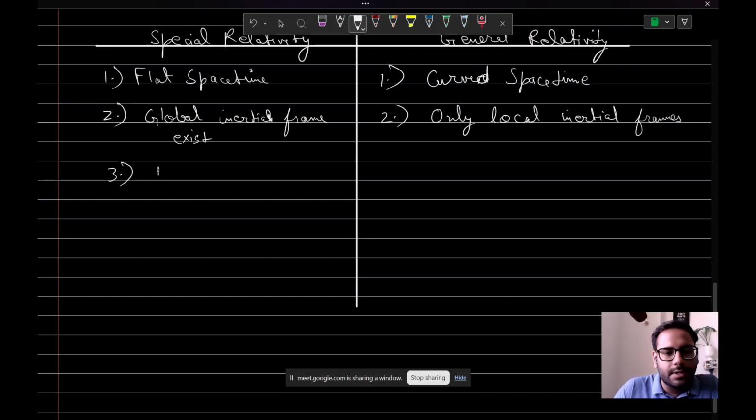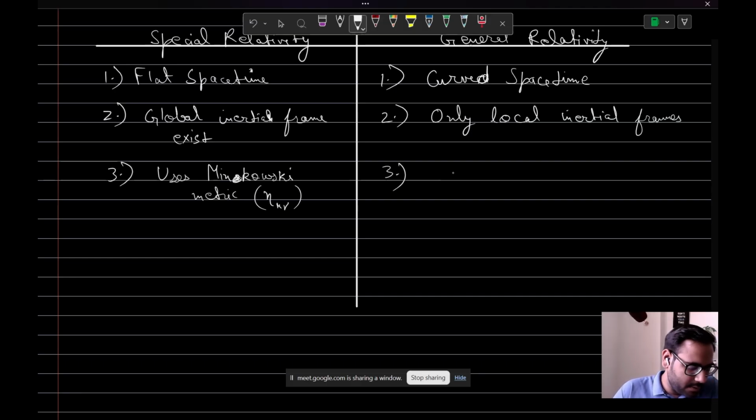Third point is it uses the Minkowski metric. Minkowski is the name of a scientist. We denote it by a tensor. This is a tensor; these are subscript indices. We will see what tensors are.